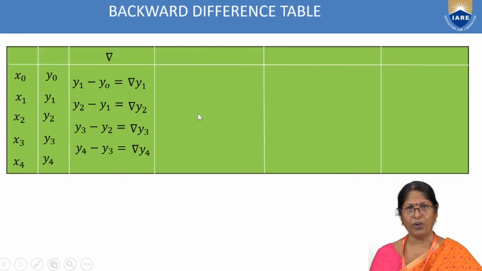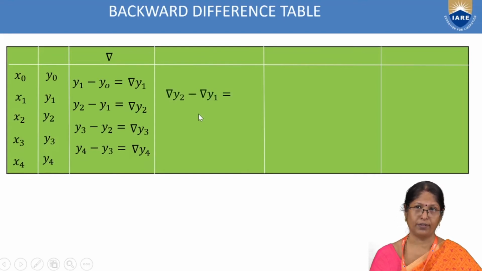Now we will move to the second backward difference. That is the difference between del y2 and del y1, so del y2 minus del y1. Next, the difference between del y3 and del y2.